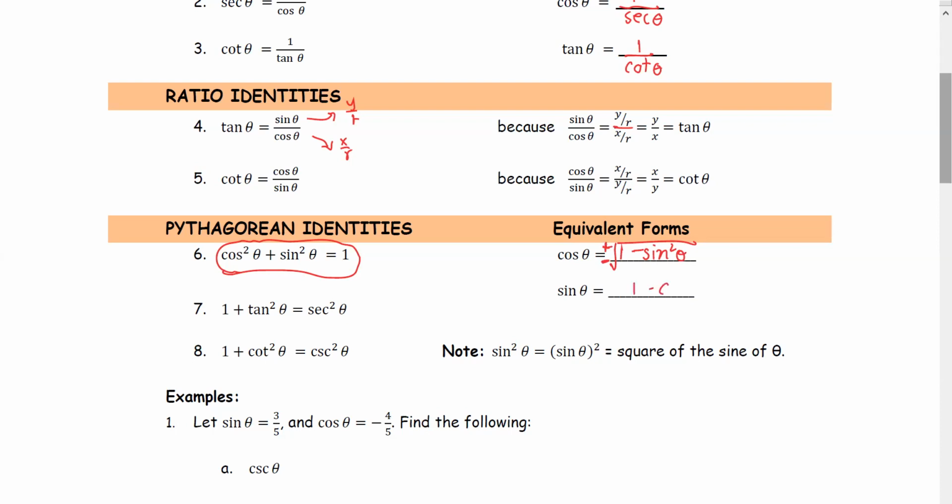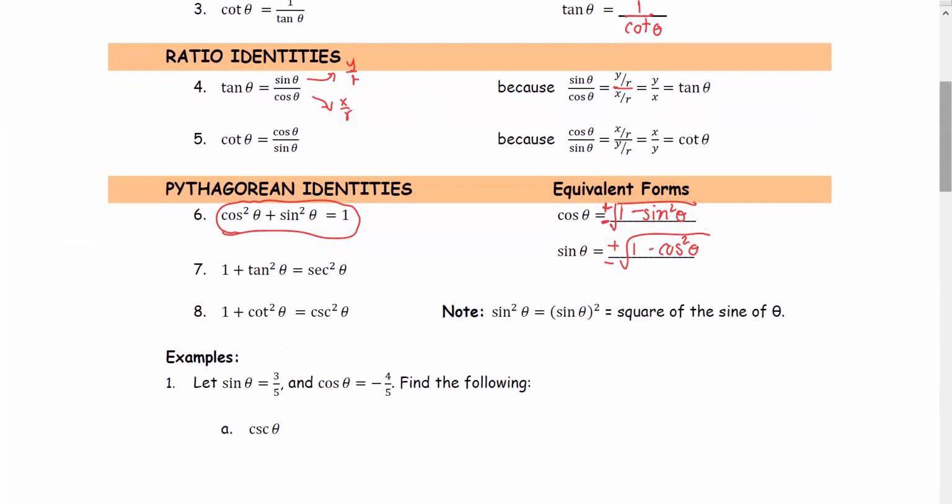So 1 minus cosine square theta, take the square root, including plus and minus sign. The plus or minus sign can be determined depending on which quadrant the theta terminates in.